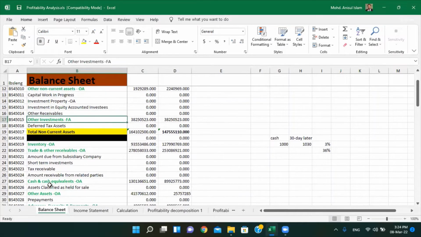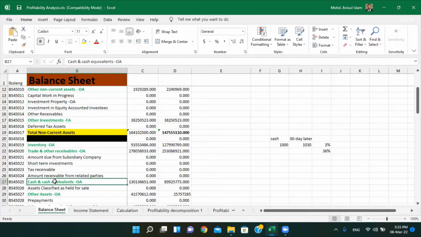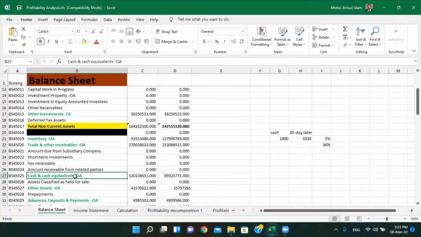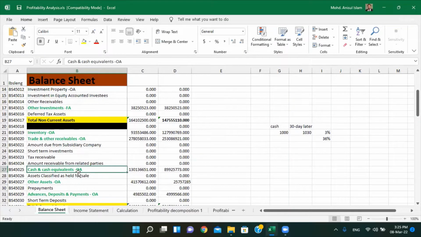With respect to cash and cash equivalent, we know that there is a portion of operating cash and there's a portion of cash equivalent, which looks like a financial investment or financial asset. But this company has not provided details about the cash and cash equivalent. That's why it has been considered as total operating asset.